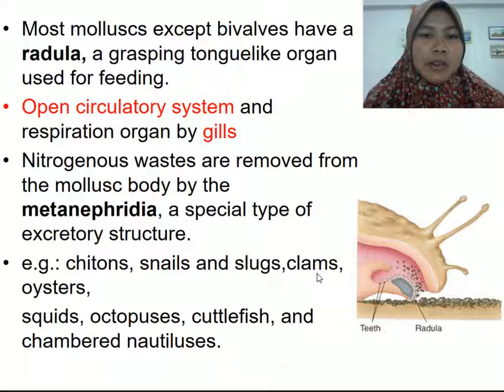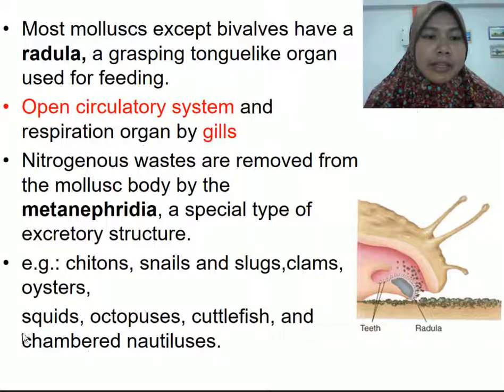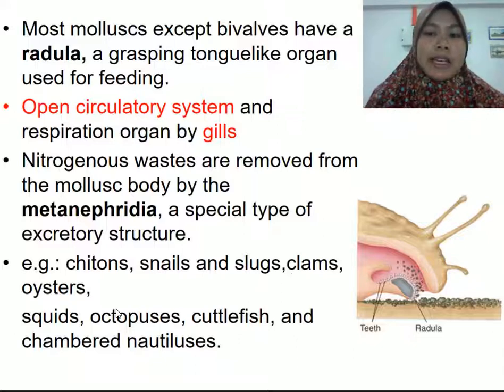Something I forgot to highlight here: as you can see, the examples are chiton, snail, slug, clams, oyster, and whatnot. For the squids and octopus, they have lost their internal shell completely during evolution. So that's why they do not have an external shell like the land snail.